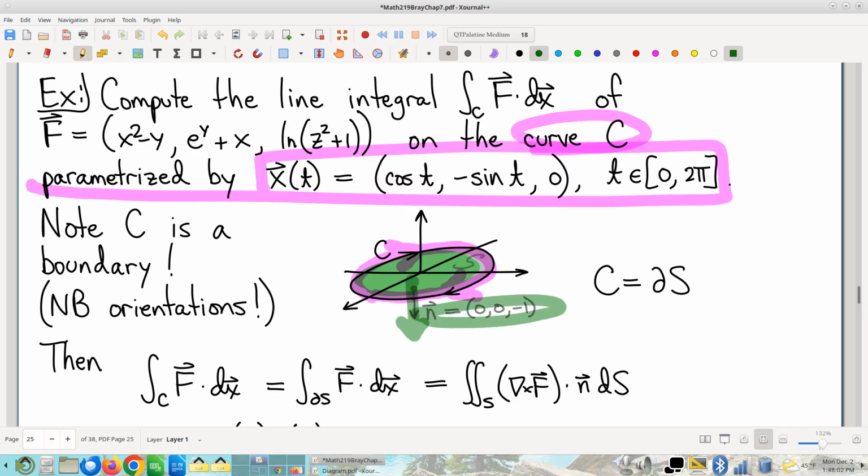And to confirm that the orientations work the way they're supposed to, remember, for surfaces in space, the rule is with the right hand, thumb in the direction of the normal vector, which is down in this case. Look at the fingers of your right hand.